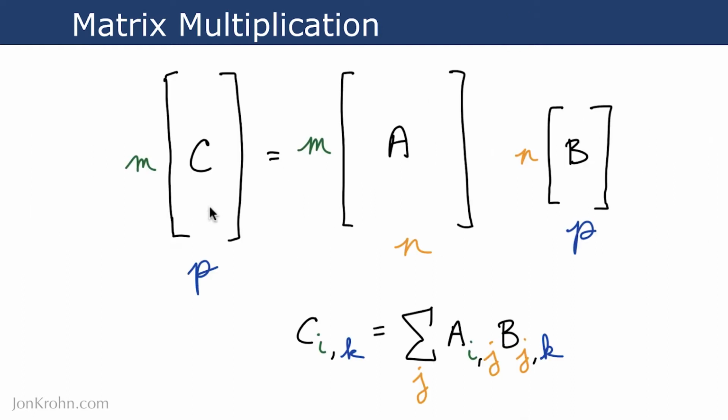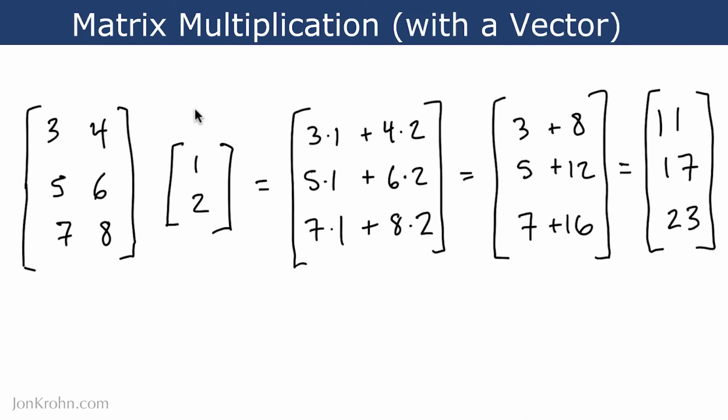This operation involves taking 3 times 1 plus 4 times 2 and repeating that for each of the rows of A. So 3 times 1 plus 4 times 2, 5 times 1 plus 6 times 2, 7 times 1 plus 8 times 2.